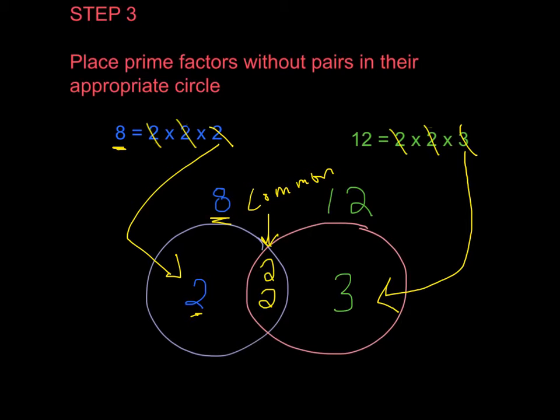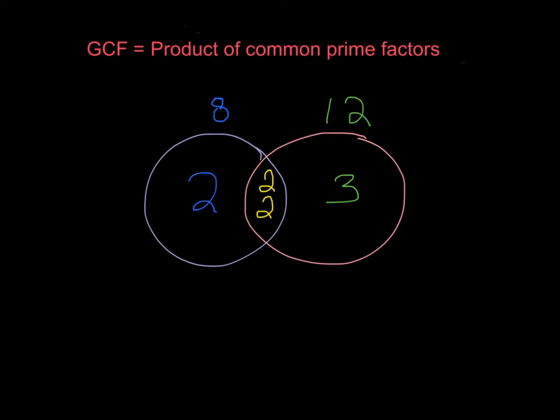Now that we have this done, we can figure out our lowest common multiple and greatest common factor. To figure out the greatest common factor, we just need to multiply all the common prime factors. It's these ones that are in the shared or the common section together. So GCF equals 2 times 2.